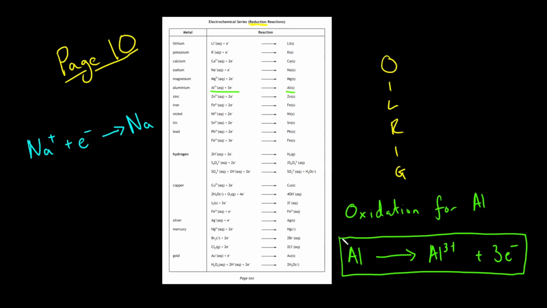So it's that easy. Reduction reaction, you just write it exactly as it is. For an oxidation reaction, we just reverse or flip the equation. And I can always double check to see if I've done it right if I remember OIL RIG.